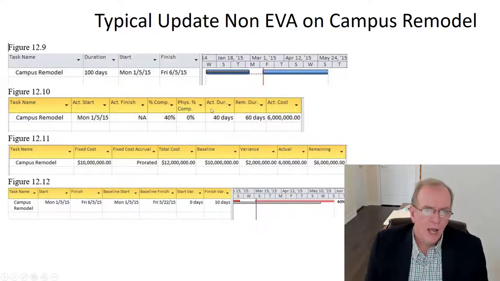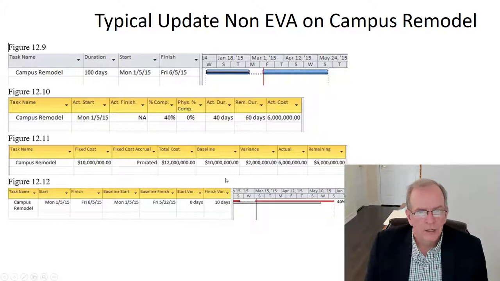You've got your actual duration 40 days, your remaining duration 60 days, and your actual cost $6 million. You've got $10 million. I don't usually use fixed costs, but for this simple example, I did. And you've got your total cost at $12 million. So this campus remodel is giving you a variance of $2 million.